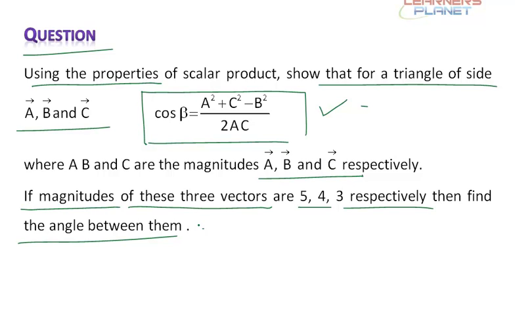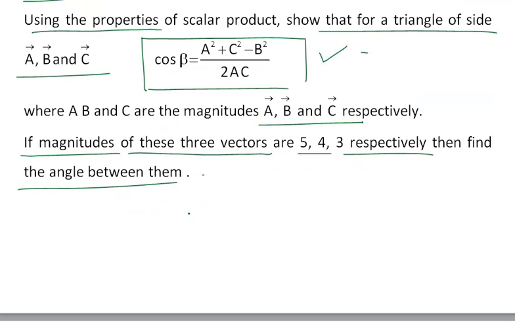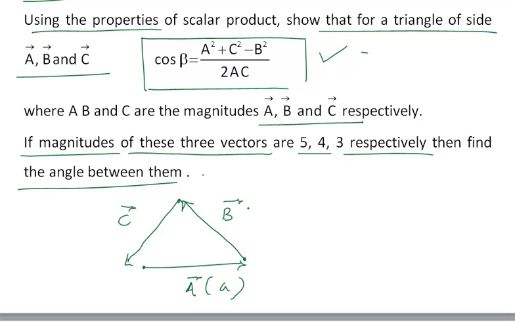Before we start discussion on this, first understand that if three vectors are taken in order, let's say this is vector A, this is vector B and this is vector C, so this is side A, this is B and this is C, taken in order.